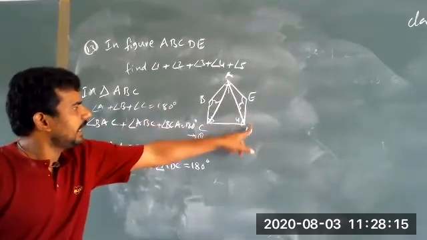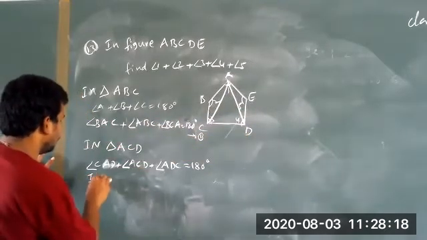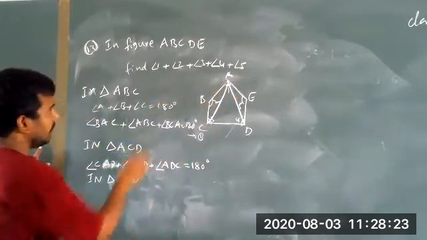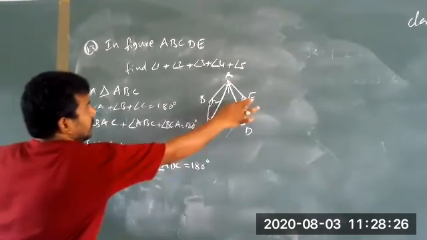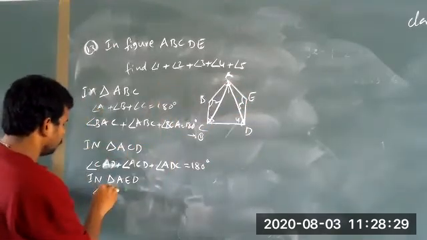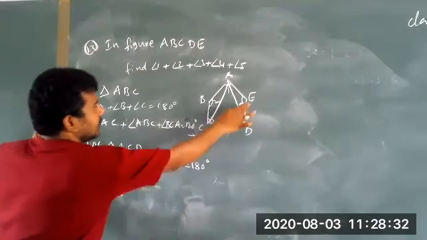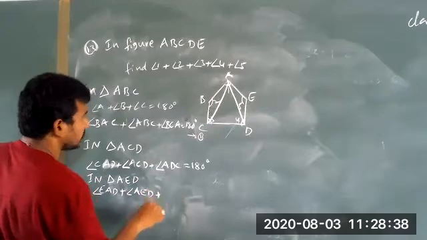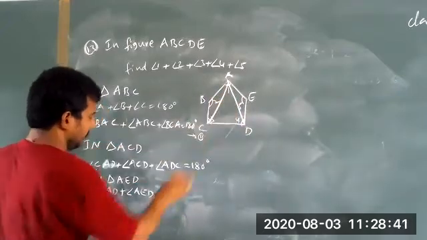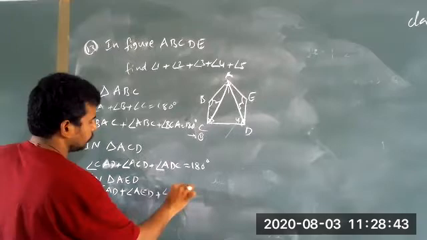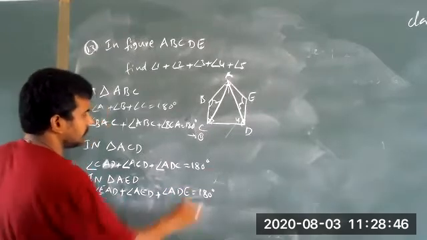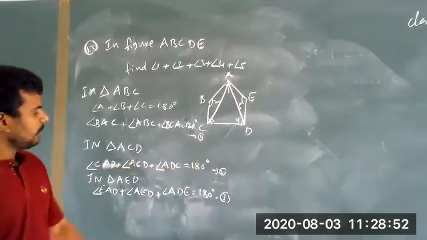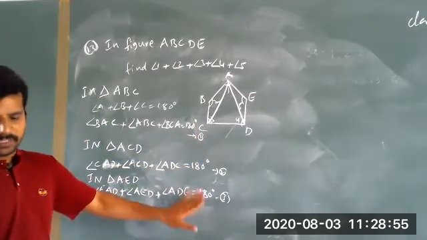Next, in triangle AED, angle EAD plus angle AED plus angle ADE is equal to 180 degrees. This is the second one, this is the third. So equation number 1, equation number 2, equation number 3.